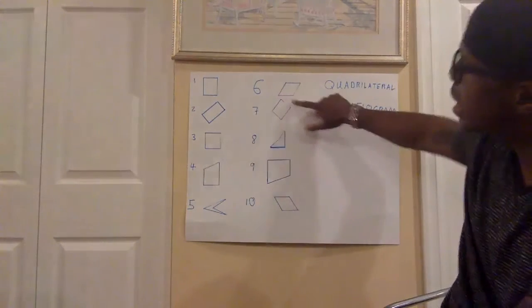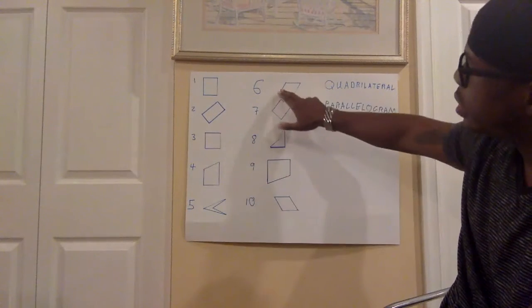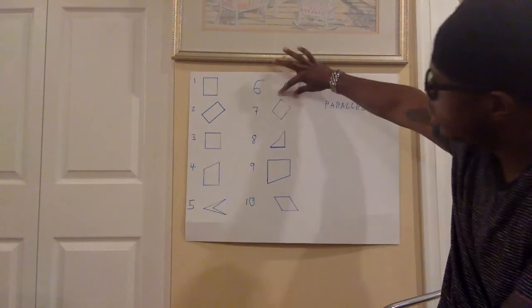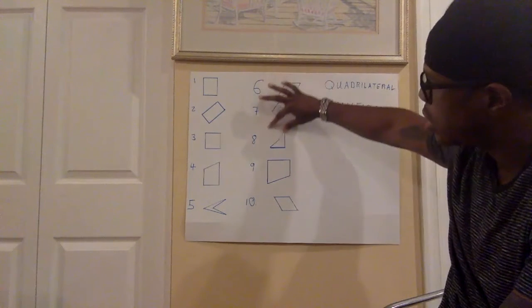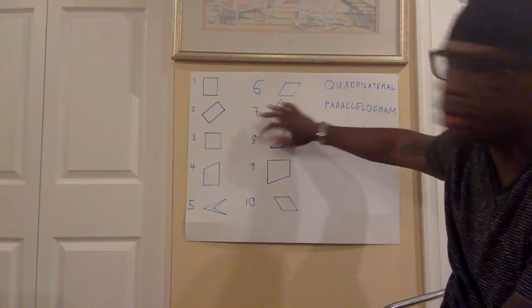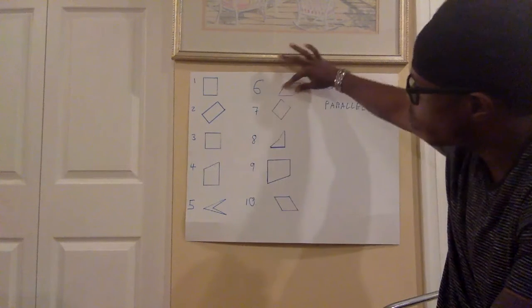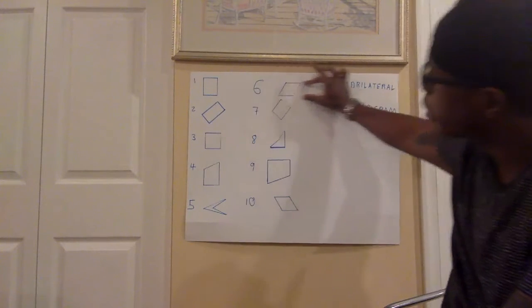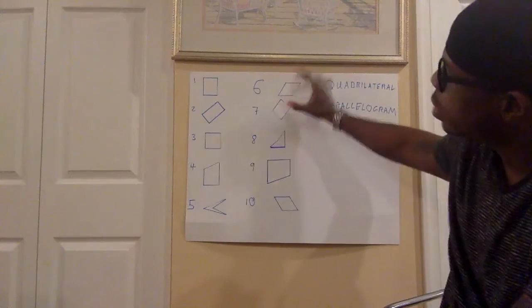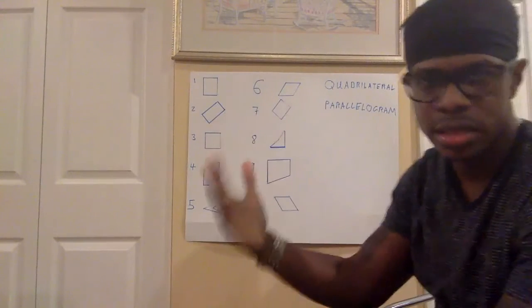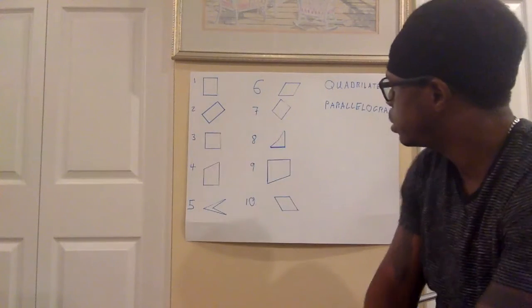So even though it's slanted, what matters is these two lines right here, they're complete opposites, meaning that as long as you keep going, if you put an imaginary line, keep going, they're never going to touch. So this right here, this is one pair of parallel lines. This right here is another pair of parallel lines. So this quadrilateral has two pairs of parallel lines. So it should be yes, two pairs of parallel lines.